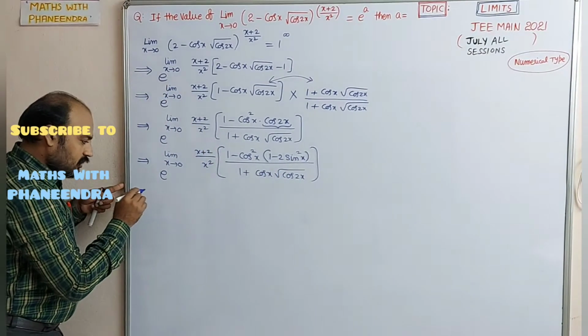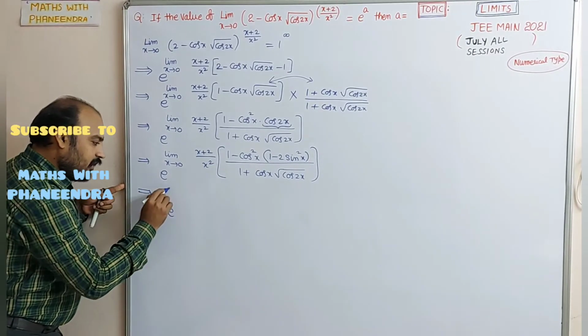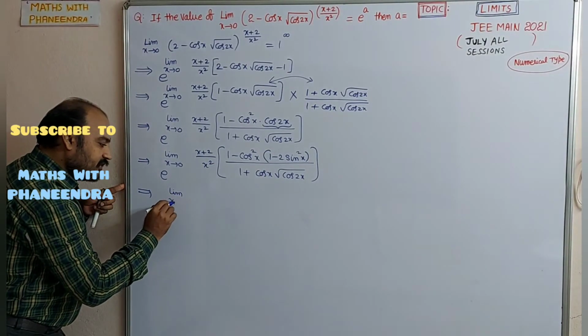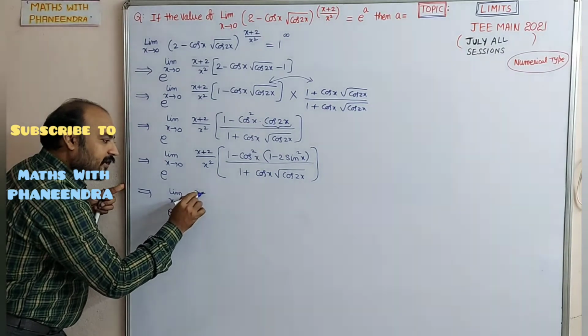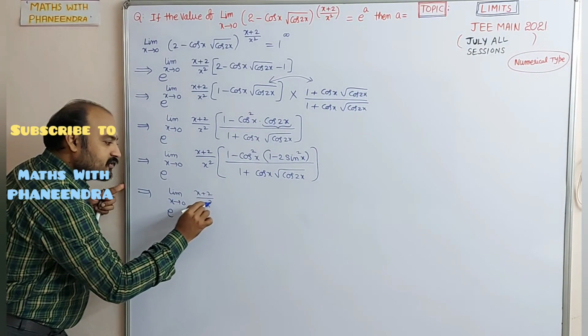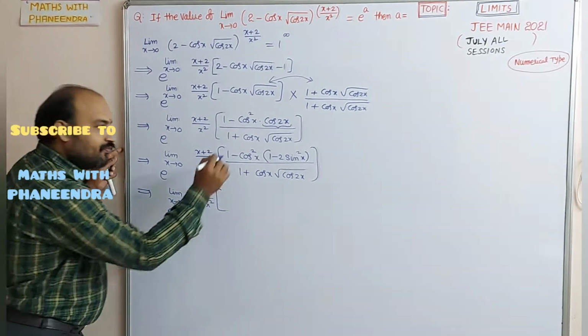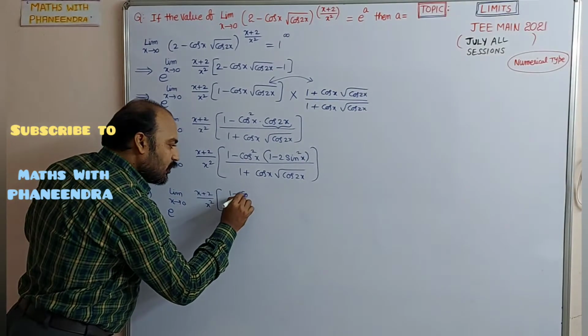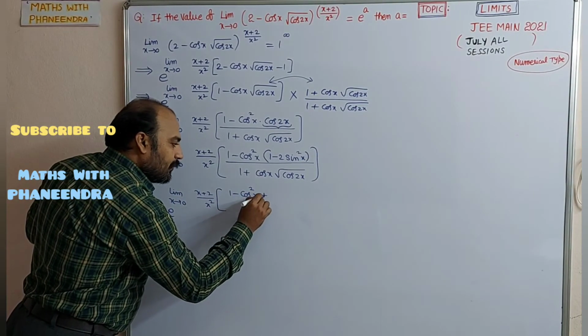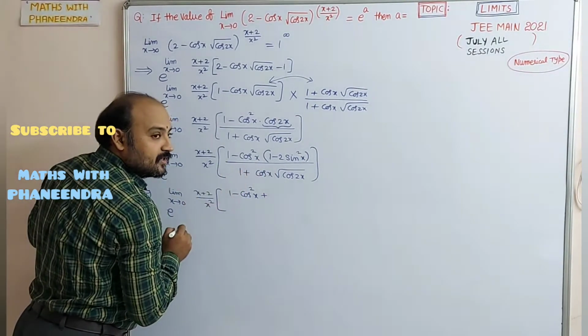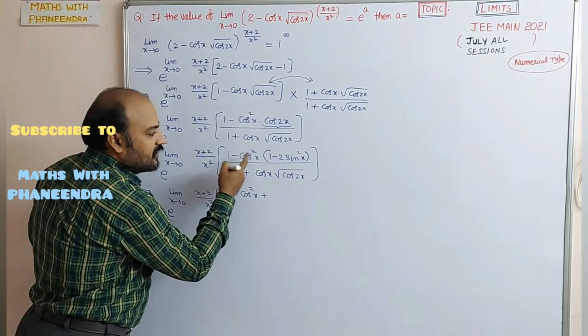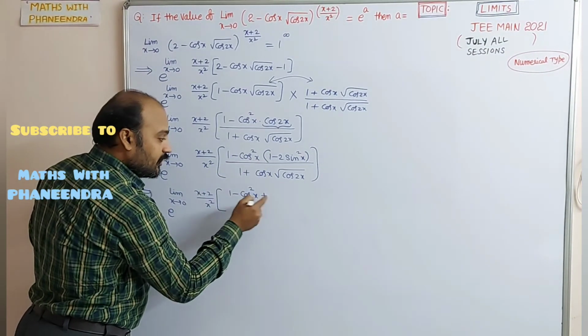So now the numerator: e power limit x tends to 0, x plus 2 divided by x square, 1 minus cos square x plus, minus into minus plus. 1 minus into 1 is minus cos square x.